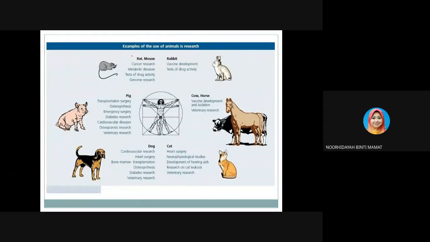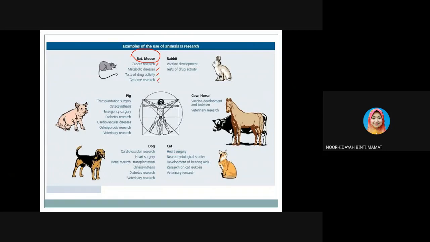The most common animals used in research are the rat and mouse. This group of animals is normally used in research on cancer, the study of metabolic disease, tests of drug activity, and genome research.